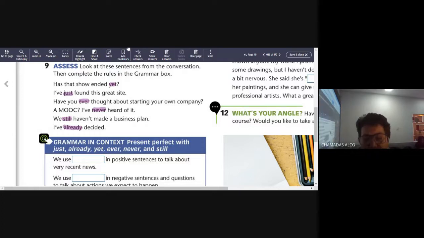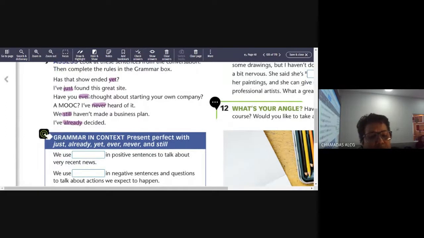Okay, yes. So as you noticed, in each one of them, we highlighted a word in purple, and they are like adverbs, right? And they help us express ourselves using this verb tense, okay? So first of all, what verb tense is this? I mean, the ones that were used in the sentences. Yes, great.